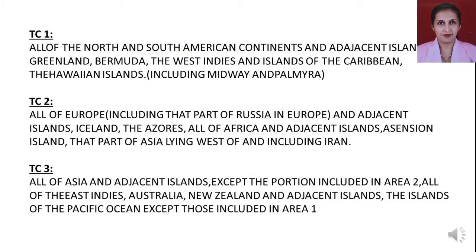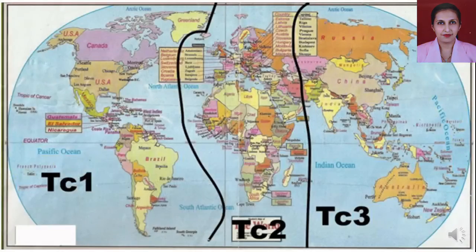All the East Indies, Australia, New Zealand and adjacent islands, the islands of the Pacific Ocean, except those included in Area 1. So whatever islands are not included in TC1 come under TC3, and the islands included in TC1 don't come in TC3.